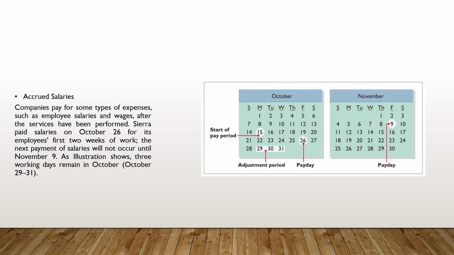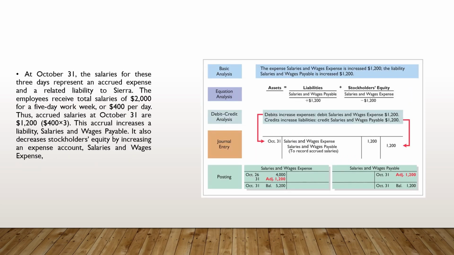And then the next payment of salary will not occur until November 9th. So here's our illustration. So we have 3 days remaining in October that we have to account for. Okay, so right here we've got October 31st, right? So the salary for the 3 days represents an accrued expense and the related liability.